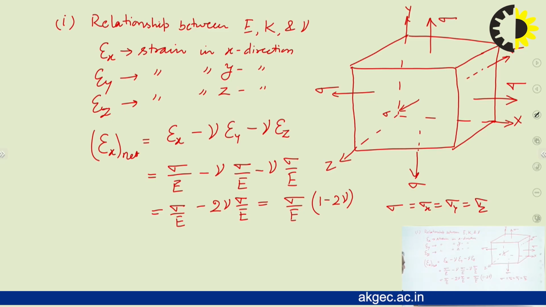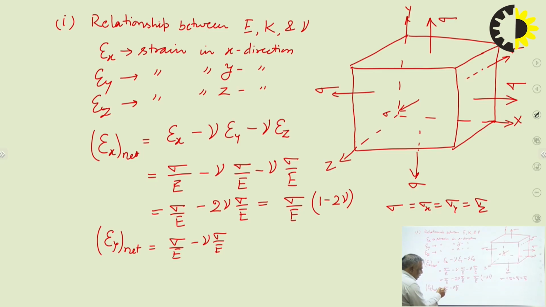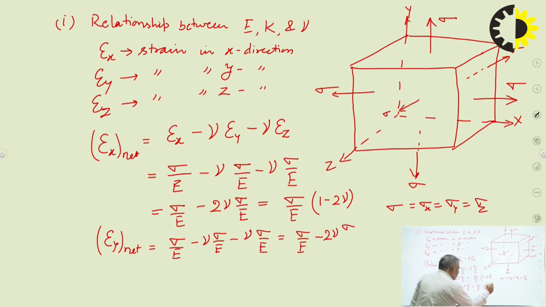Now I want to write epsilon y net. Epsilon y net can similarly be written: sigma y upon E minus nu times sigma z upon E minus nu times sigma x upon E, that is sigma upon E minus 2 nu sigma upon E in the case of a hydrostatic state of stress, that is sigma upon E into 1 minus 2 nu.